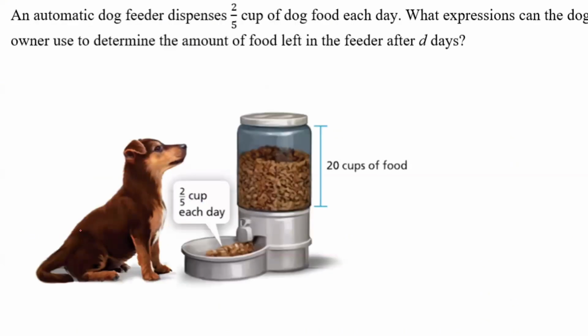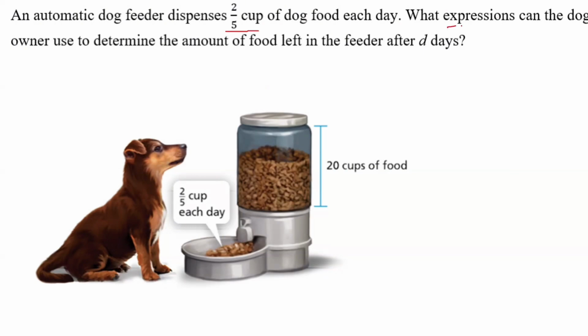We are further going to explore how to write an algebraic expression using this example on the screen. The example reads, an automatic dog feeder dispenses 2/5 cup of dog food each day. Let me just underline this. So each day, 2/5 cup of food is taken out.